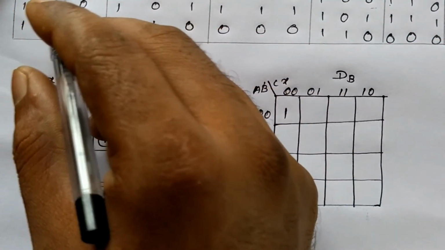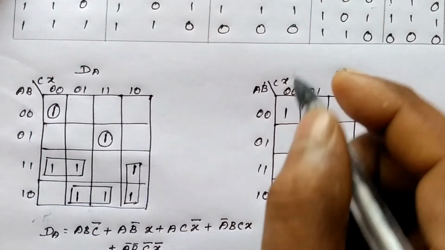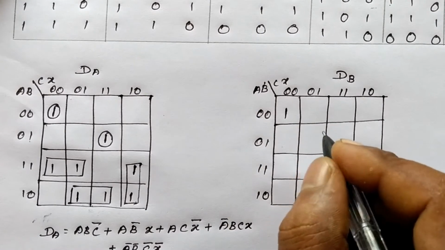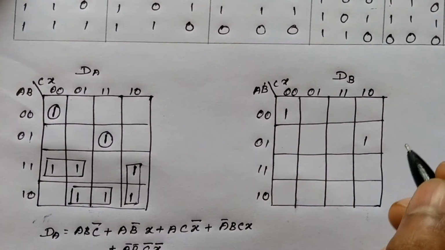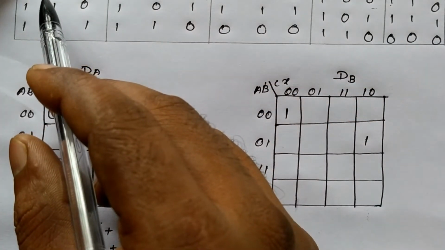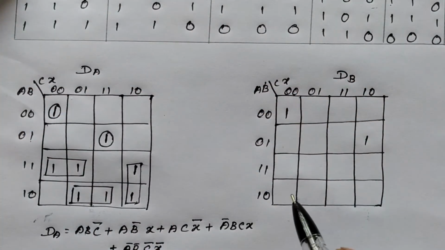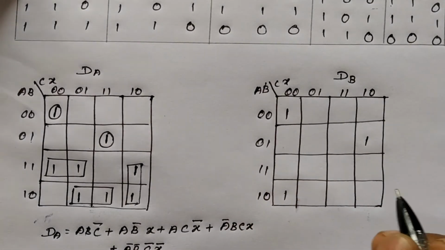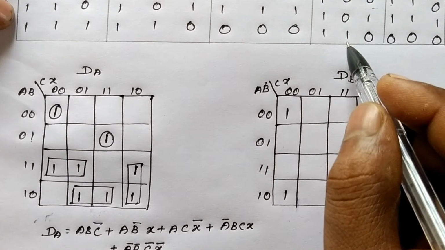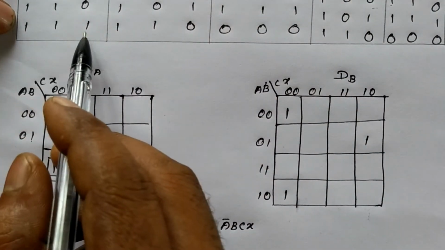Respective present state is 0 0 1 and input 0. So 0 1 1 0, here we are having 1. Likewise here we are having 1. Respective input and present state combination is 1 0 0 0. So here we are having 1. Likewise here we are having 1. Respective present state and input is 1 1 1 0.